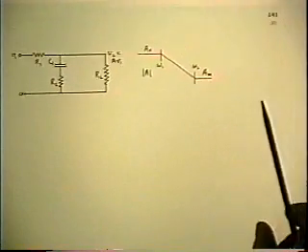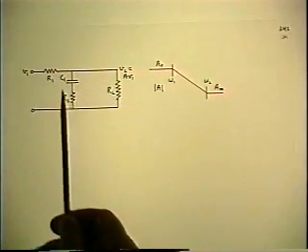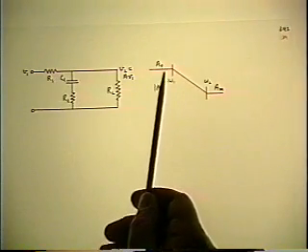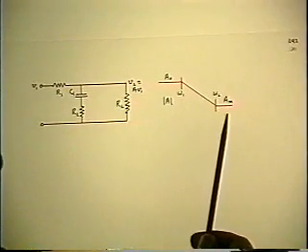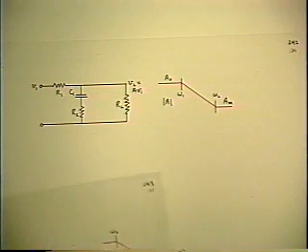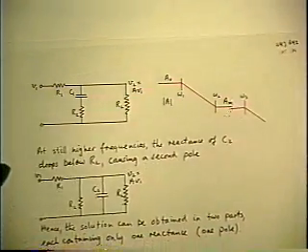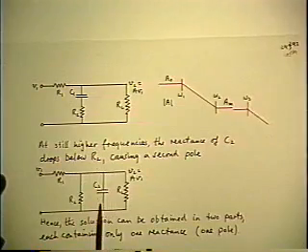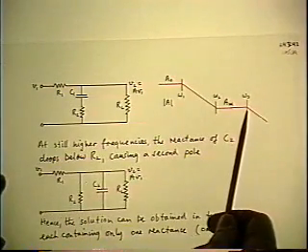So you see right away that you can divide the result into two separate frequency ranges. In the lower range, only the C1 does anything, and it causes both a pole and a zero. And you can solve that part of the circuit separately. After that, the C1 becomes a short, and then C2 starts to come in, causing the second pole.